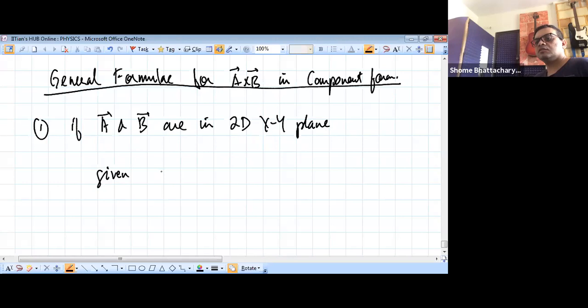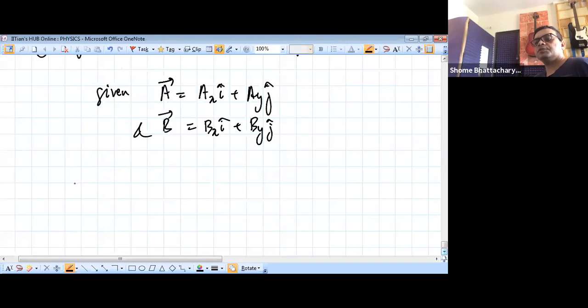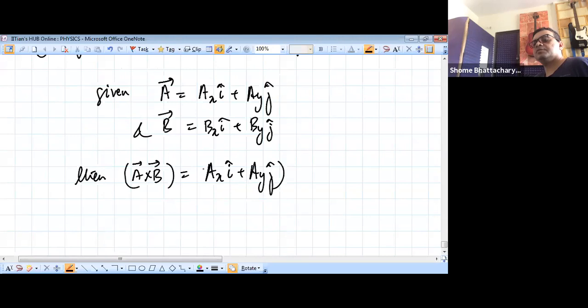So given A has some general x component Ax and some general y component Ay, and similarly B. Okay, so then A cross B will become Ax i cap plus Ay j cap, cross product with similarly Bx i cap plus By j cap.